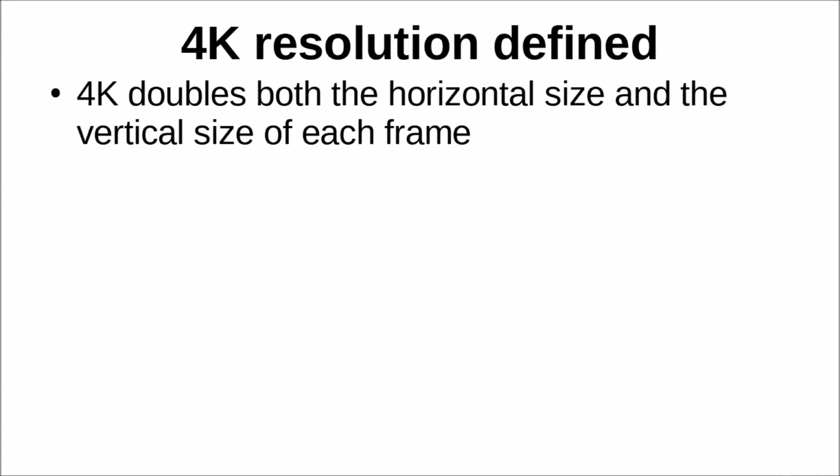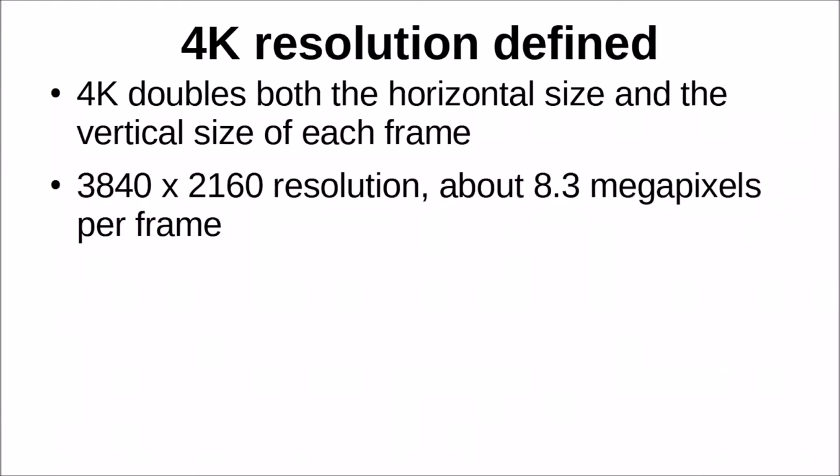colors. Now, 4K is a resolution, and it doubles both the horizontal size and the vertical size of each frame in a video, which means it requires a lot more data. And so the dimensions become 3,840 pixels wide and 2,160 pixels tall.